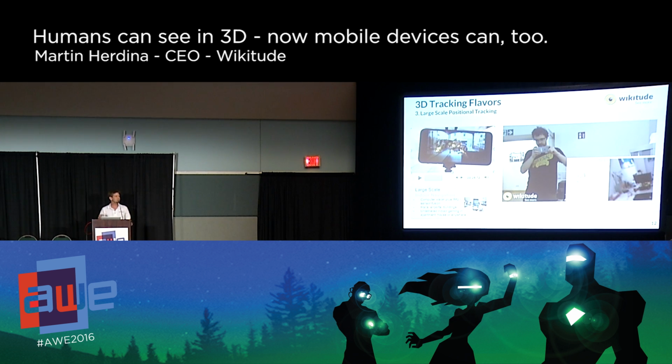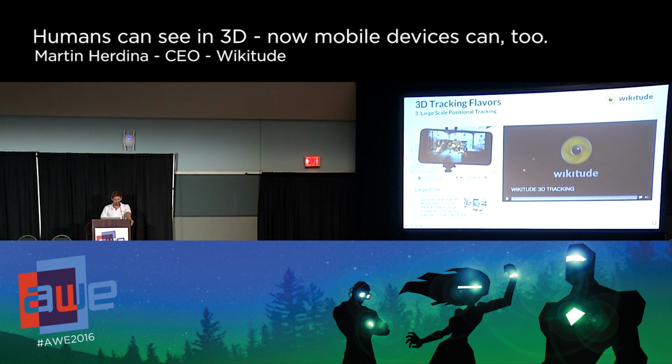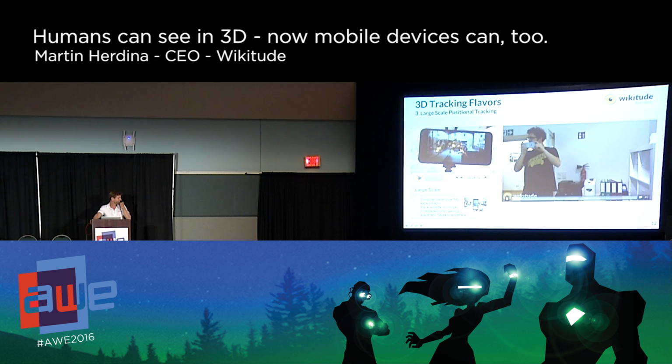And last but not least, 3D also means motion. So when you want to move in a room for mixed reality use cases, when I want to use 3D recognition for indoor navigation, then motion is a very important factor. So the key thing here is combining computer vision with sensor fusion. And what you see in this video, our colleague is moving the phone.